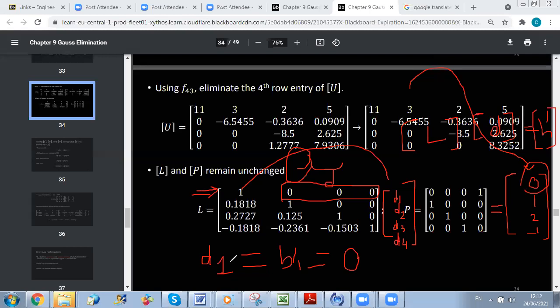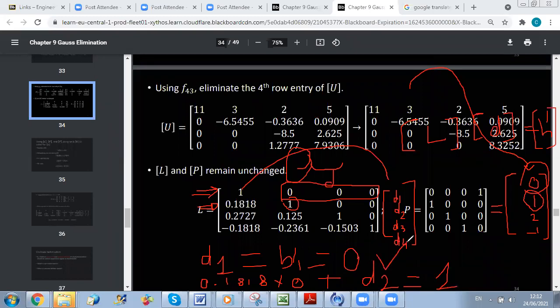Now I can move to d2. To find d2, I will go to the second equation. Equation 2 will be 0.1818 times d1, but since d1 is 0, I can directly substitute, plus 1 times d2 equals which element? This equation will be equal to what? 1, exactly. I take the second term of b prime, equal to 1.